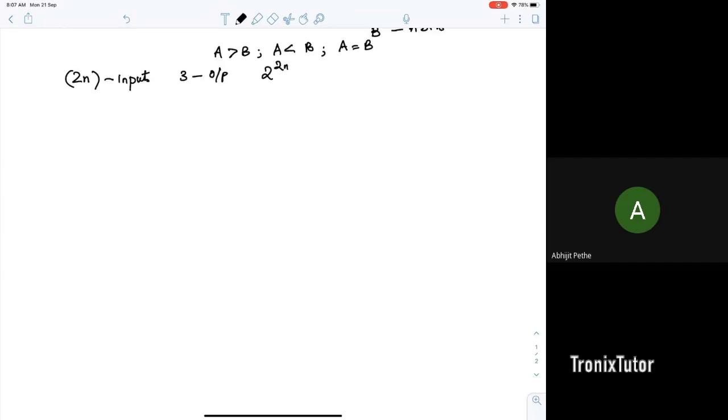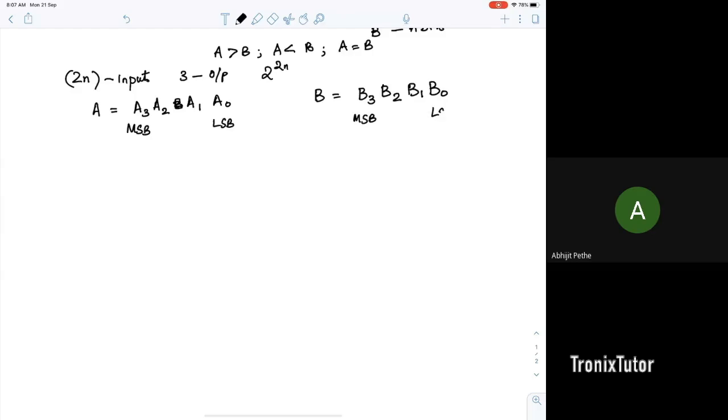Okay, so let's do a simple case. Let's talk about two numbers, A and B, made up of 4 bits each. This is your MSB, that's your LSB. Similarly, this is your MSB, that's your LSB.